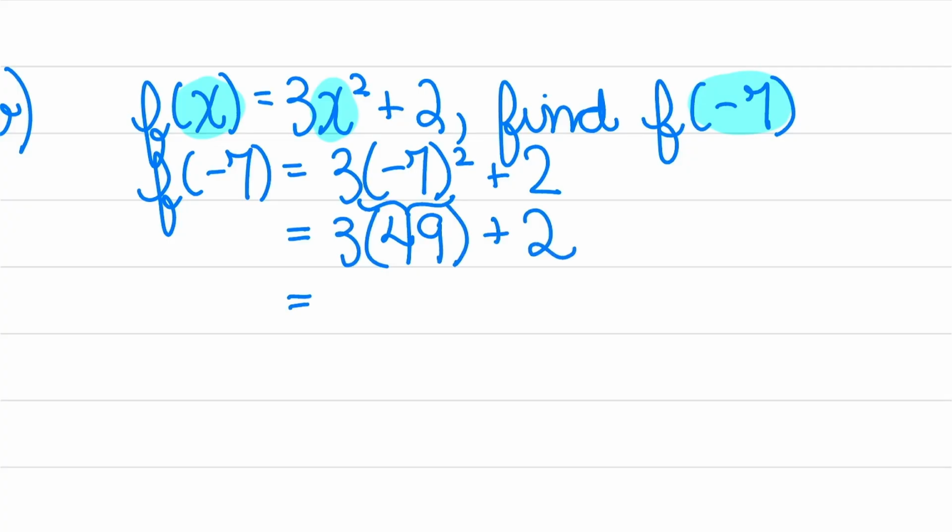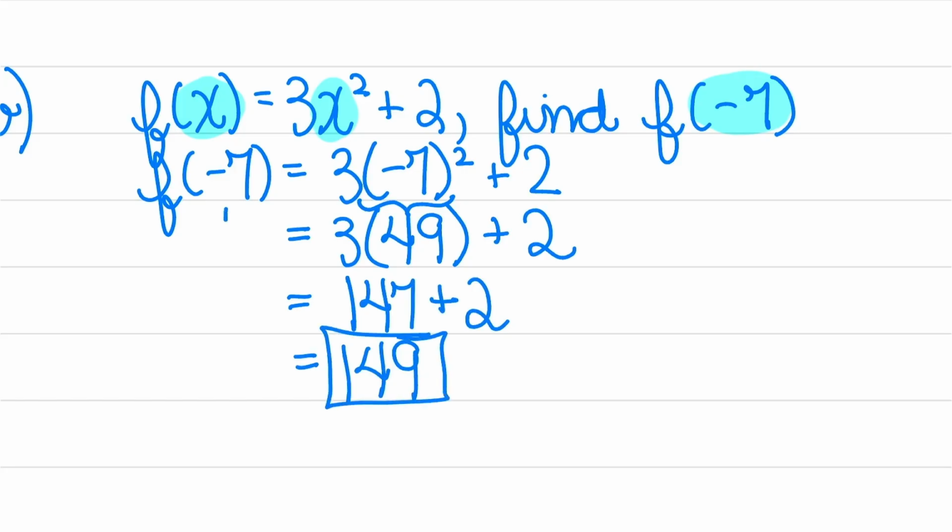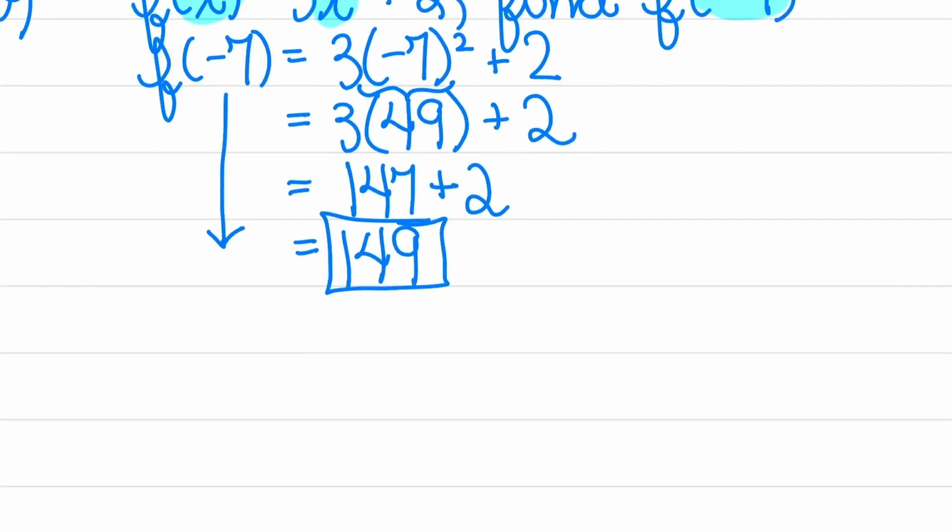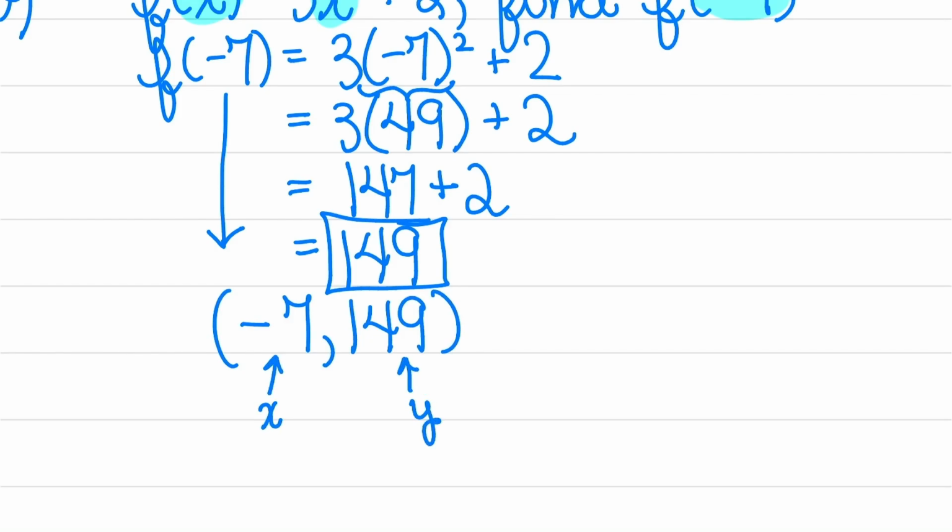Then 3 times 49 is 147 plus 2, so that answer is going to be 149. Now, as I mentioned, it's the function f evaluated at x equals negative 7, and the output is 149. So when we write our answer, we can write it as a coordinate pair like this. Again, where this is our x value and this is our corresponding y value.